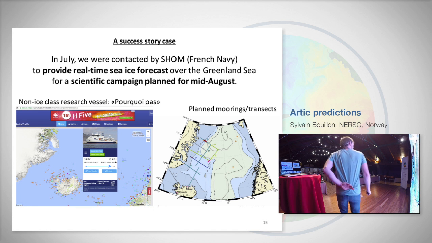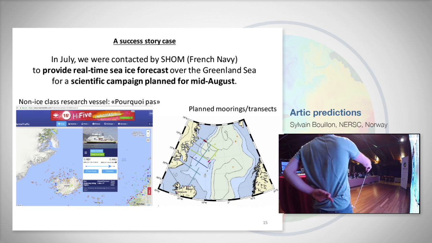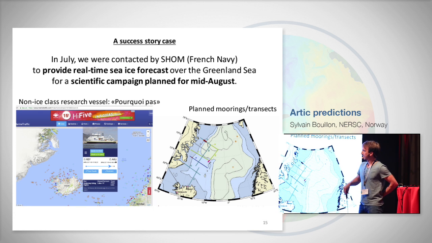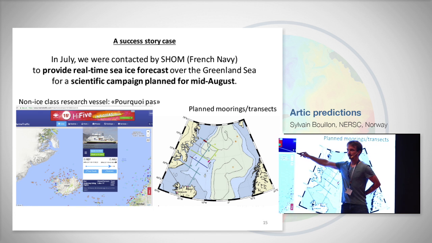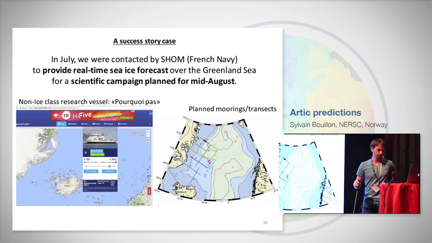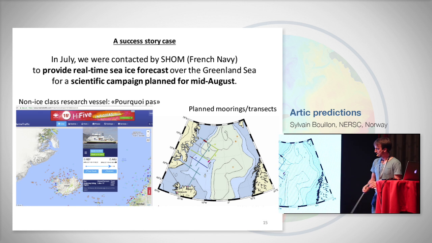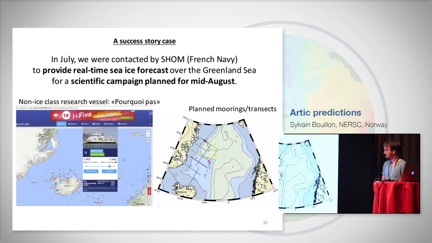Let's try. So the vessel is a non-ice class research vessel named Pourquoi Pas, which means why not in French. So it's a non-ice class, which means that they want to avoid any types of ice. They have to follow the regulation and also to ensure the safety of the people.